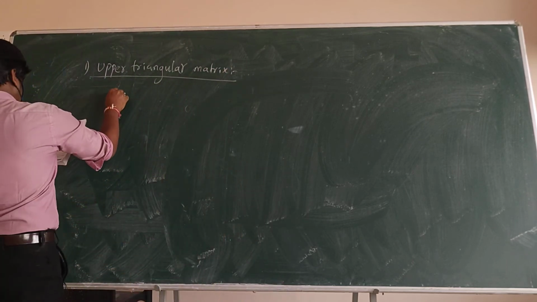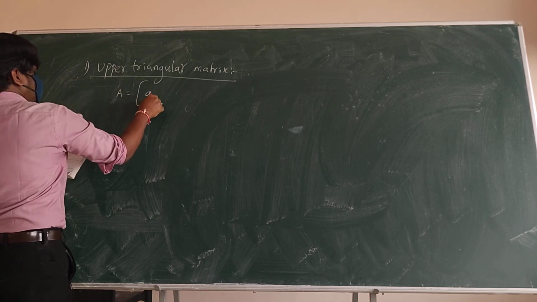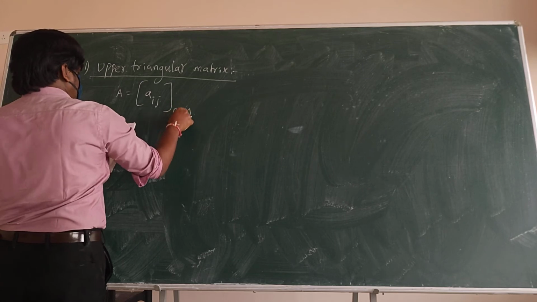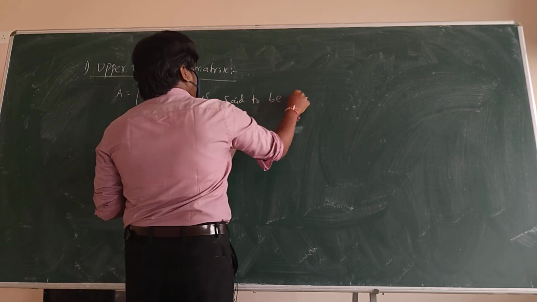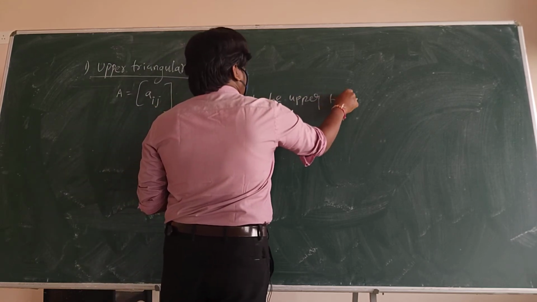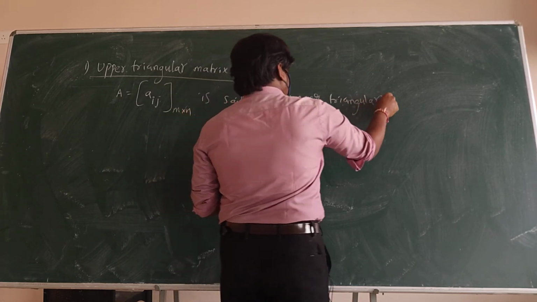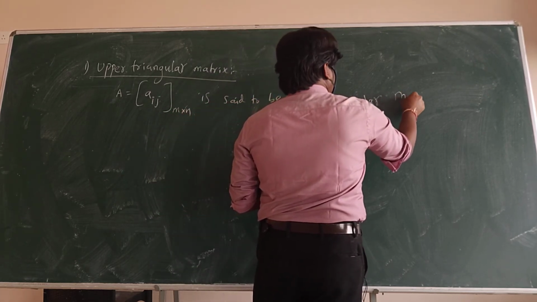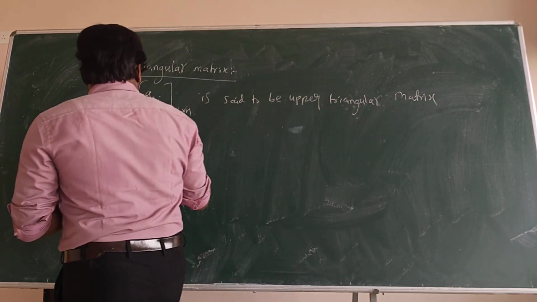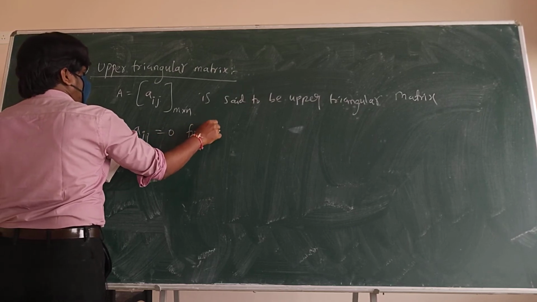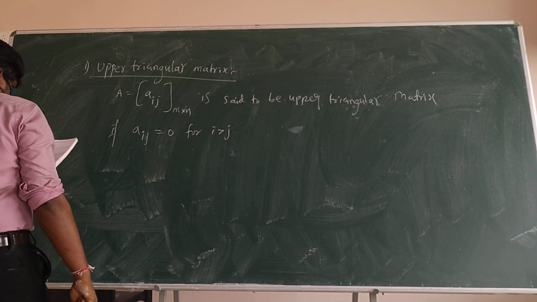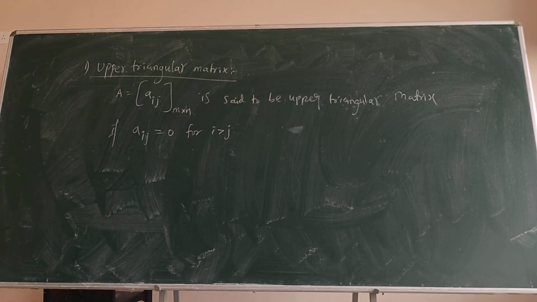A matrix A equal to Aij, of order M cross N, is said to be an upper triangular matrix if Aij is equal to 0 for i greater than j. This is called an upper triangular matrix. What is the meaning? I'll tell you.